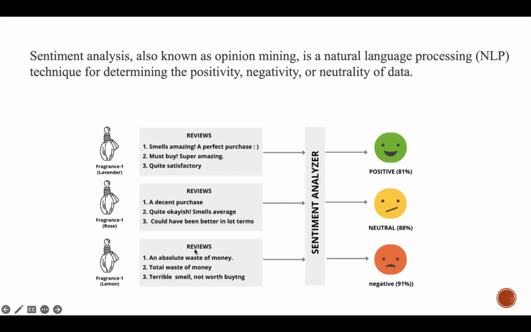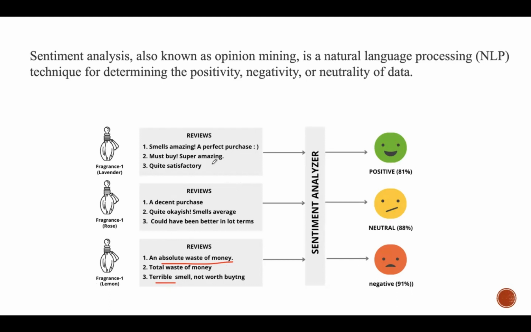And coming to the third review, here there is a negative sentiment, right? In the third case, we have negative sentiment like absolute waste of money and terrible smell. So you need to offer some discounts on it in order to balance the scales or in order to sell it.